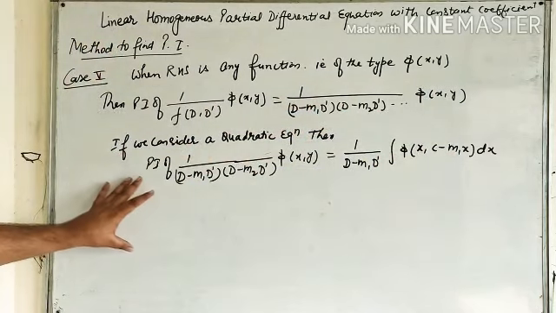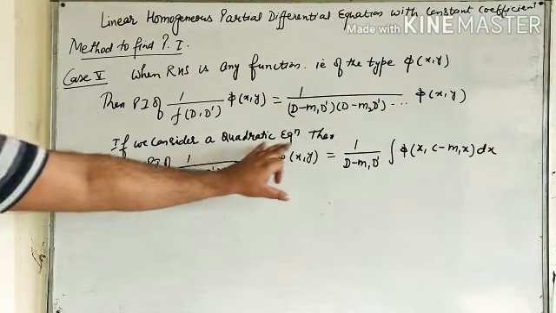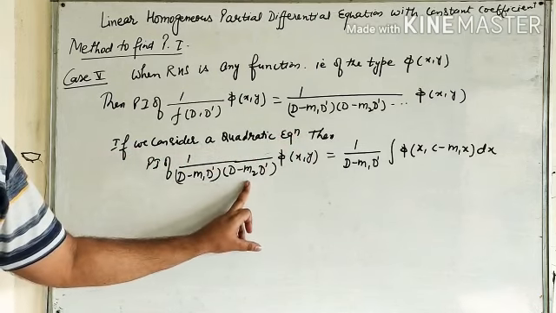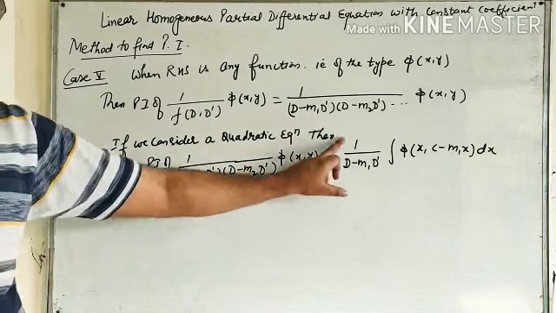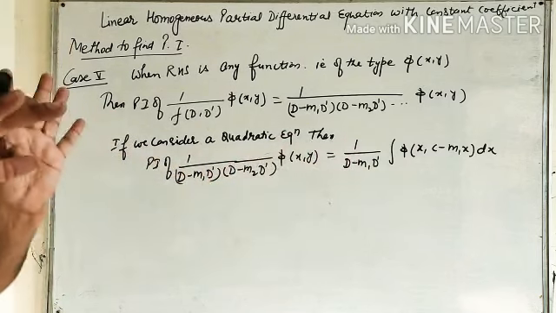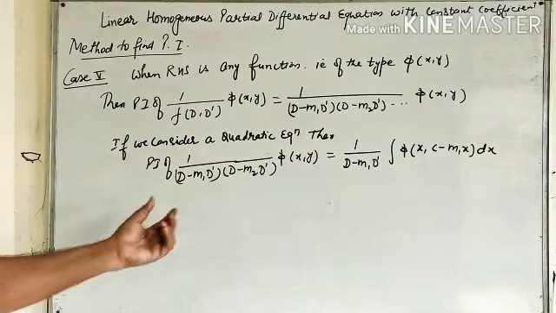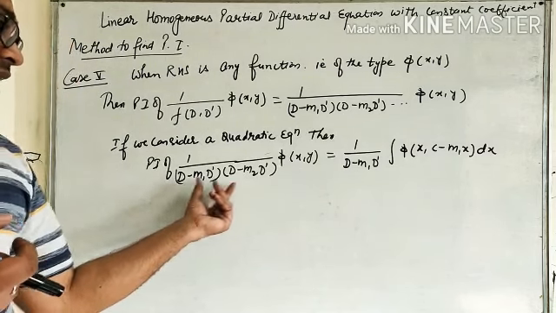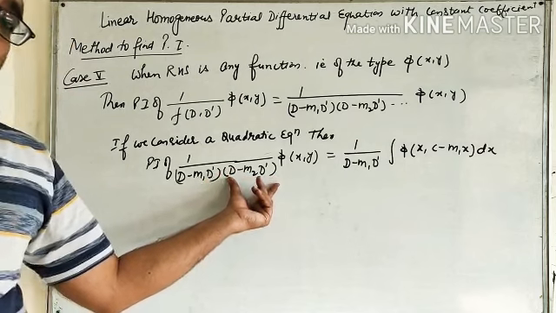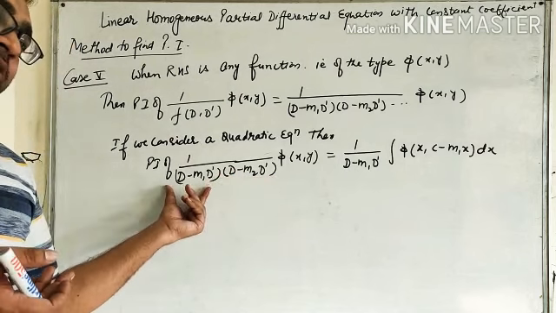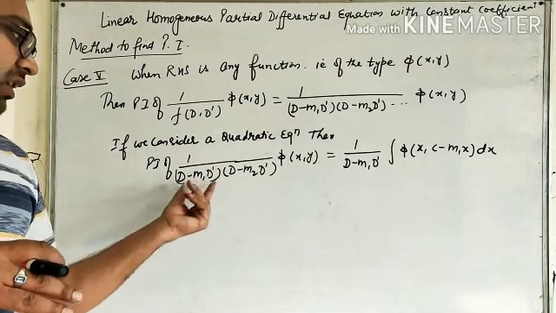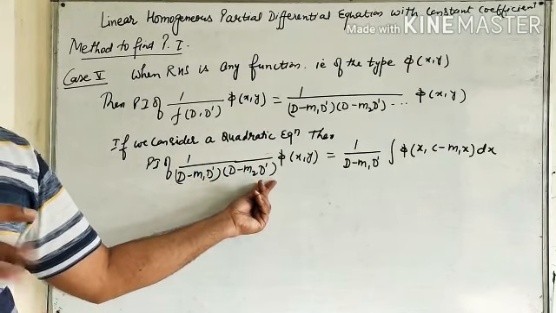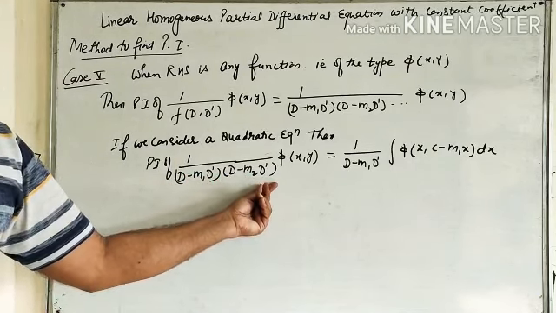For a better understanding of this method, we consider a quadratic equation. Then PI is 1 upon (D minus m1 D')(D minus m2 D') phi(x,y). In this function, what we have to do is retain one bracket, a particular term, and solve the second. After solving, we solve the retained term. That is, either retain this or retain that function. First we remove any one, then we remove the other.